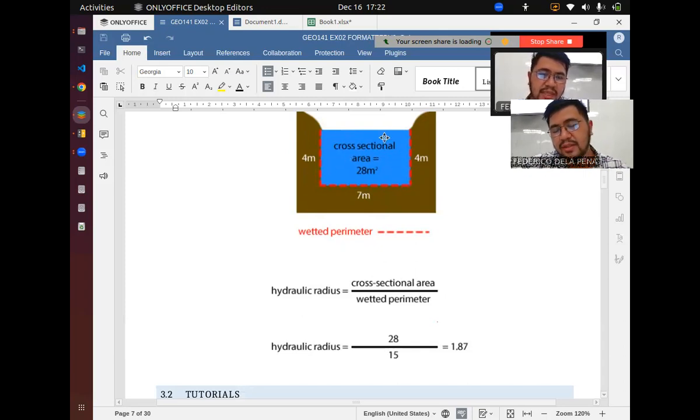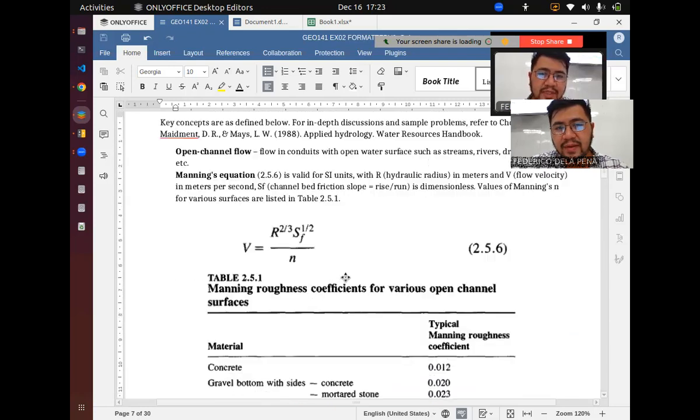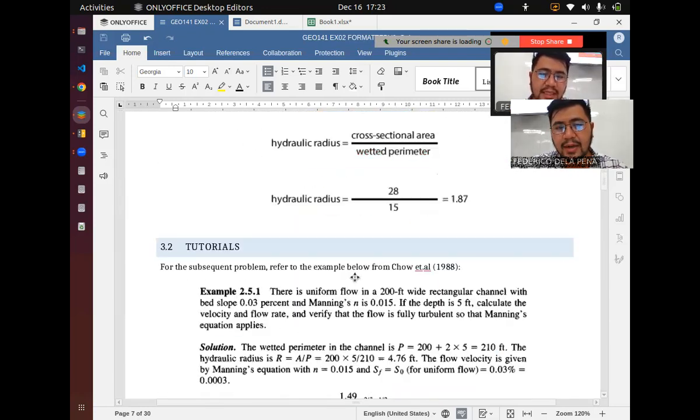And then the hydraulic radius is basically just your cross-sectional area divided by your wetted perimeter. All right, so that's your hydraulic radius, and that's the only important stuff you have to understand in this problem.